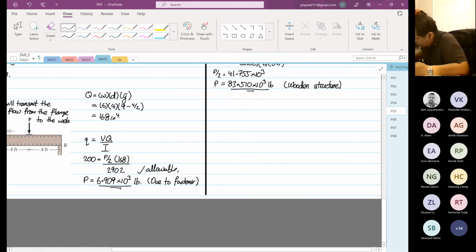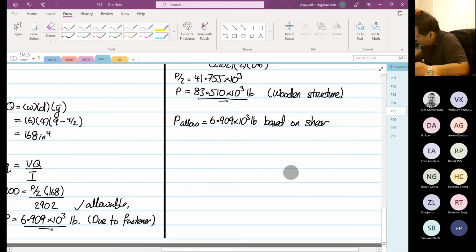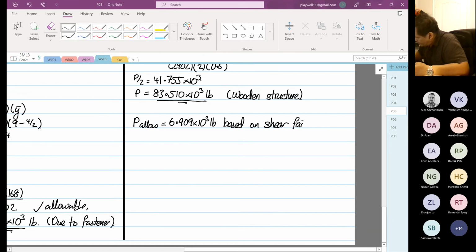So P allowable is equal to 6.909 times 10 to the power 3 pounds based on shear failure of the structure and the joints of fastener. Okay.